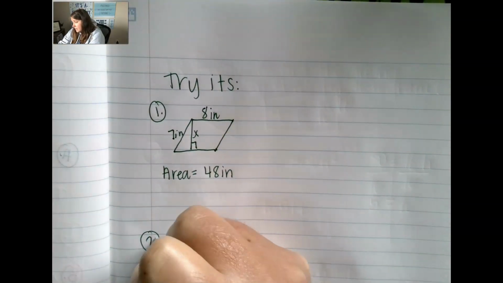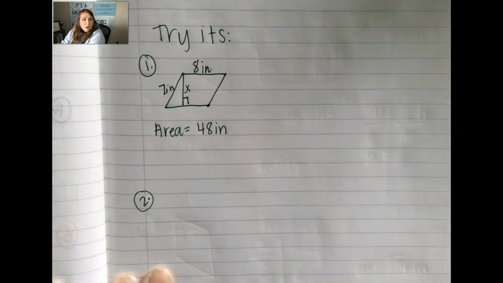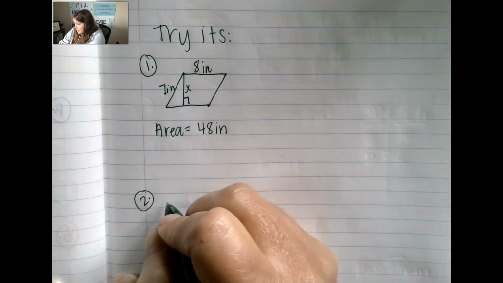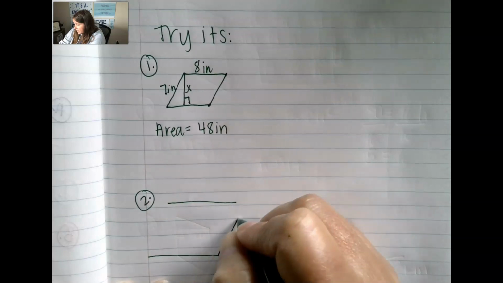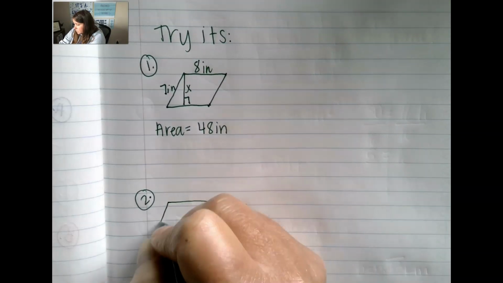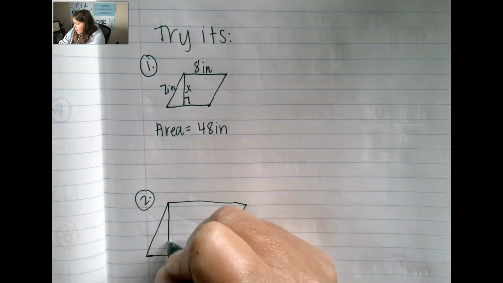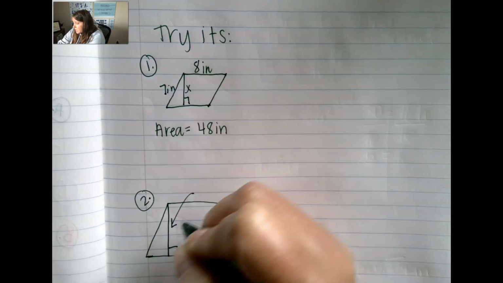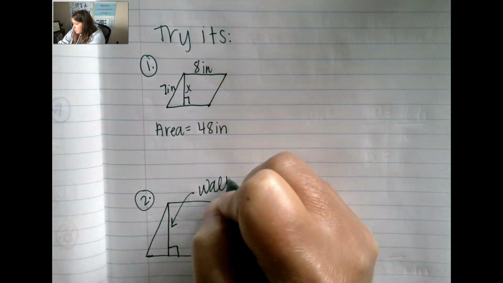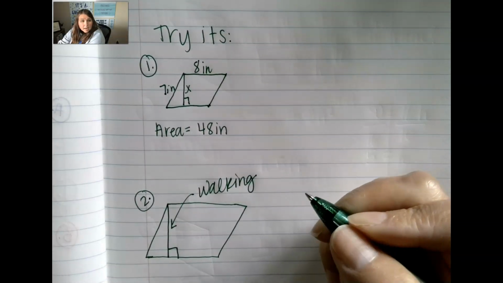Okay, and then try it number 2. We have a swimming pool that looks like a parallelogram. It has a walking bridge that goes across. So here is the walking bridge, and that walking bridge is unknown.